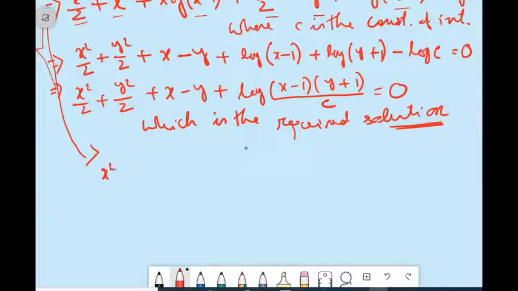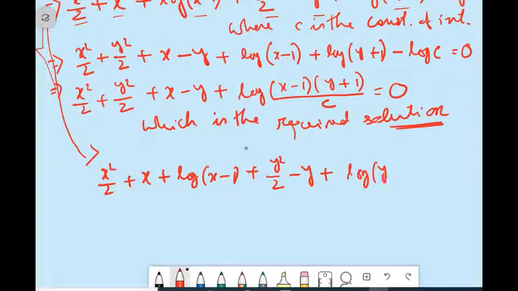This is x² by 2 plus x plus log of (x − 1) plus y² by 2 minus y plus log of (y + 1) plus log c equal to 0. In this way also we can write.